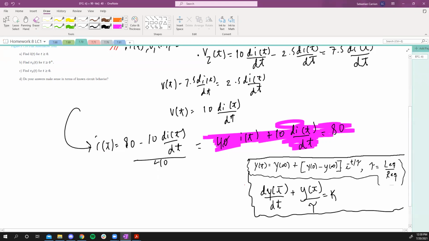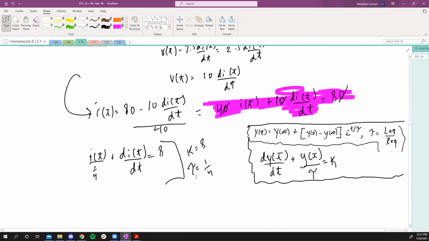Simplify this. It's going to be i(t) over 4 plus di(t)/dt equals 8. So k is 8, tau is 1 over 4, right? So if we know our k and our tau, we can go ahead.